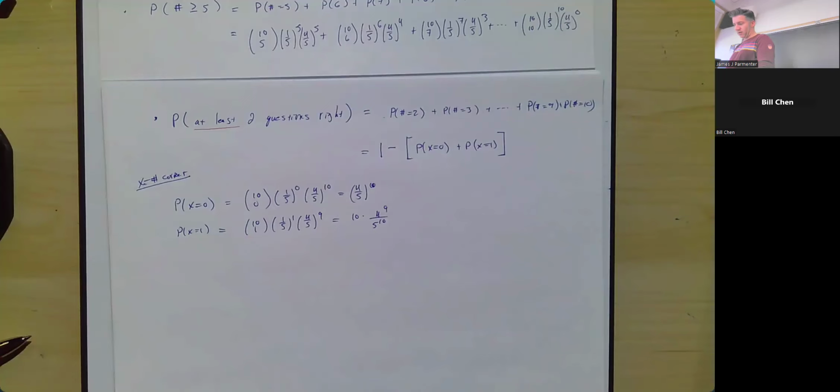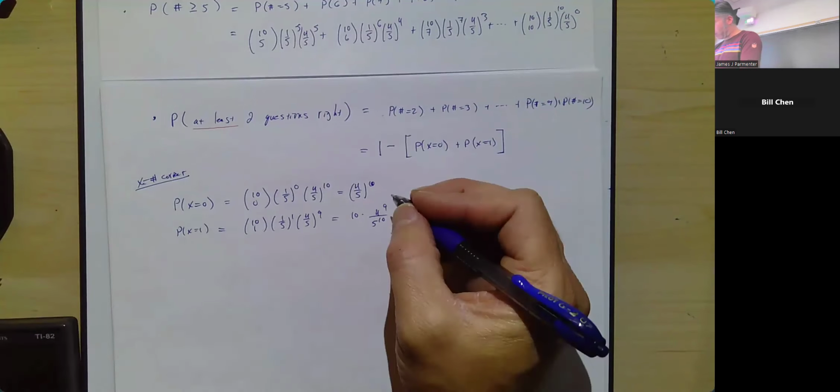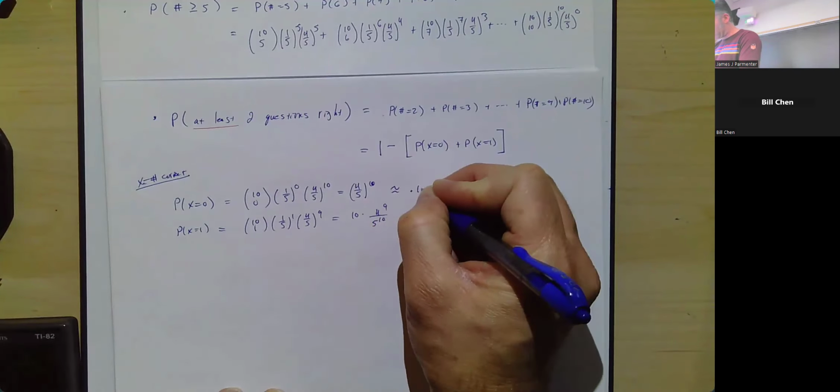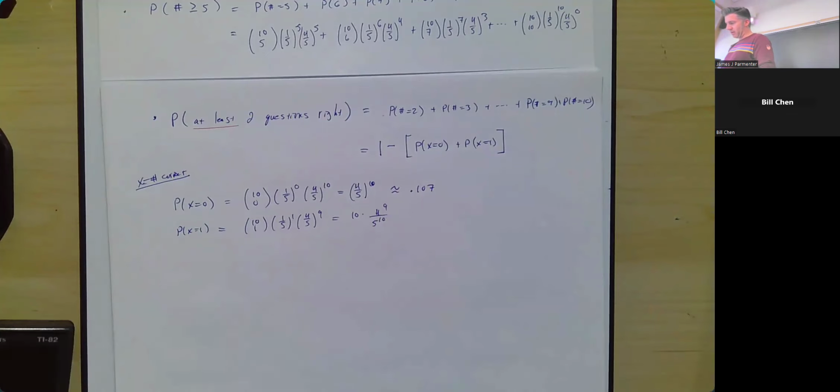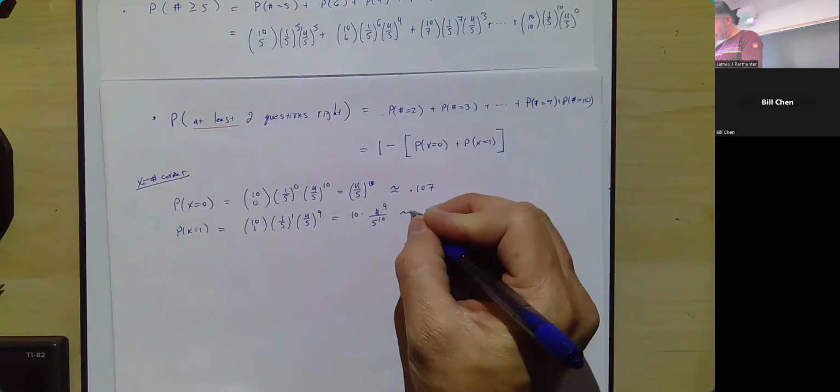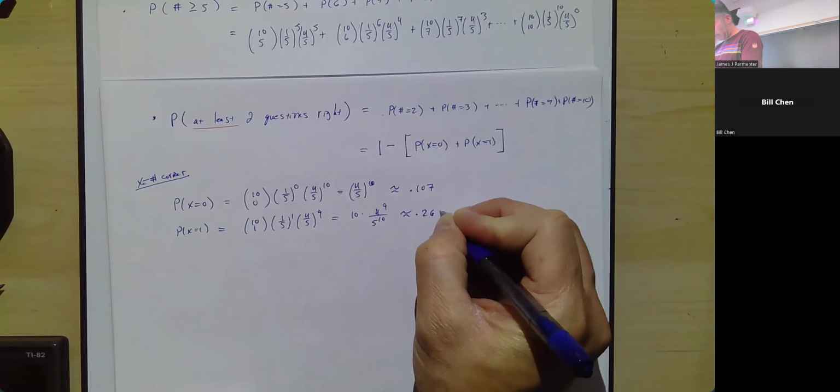Let's figure out what we've got here. 4/5 to the 10th might not be too terrible. Okay, that's not so bad. 4/5 to the 10th is approximately 0.107. And then 10 times 4 to the 9th over 5 to the 10th is approximately 0.268.